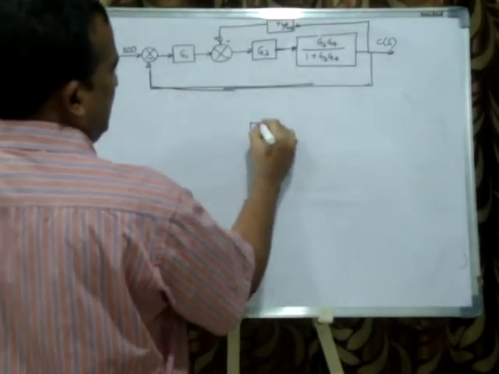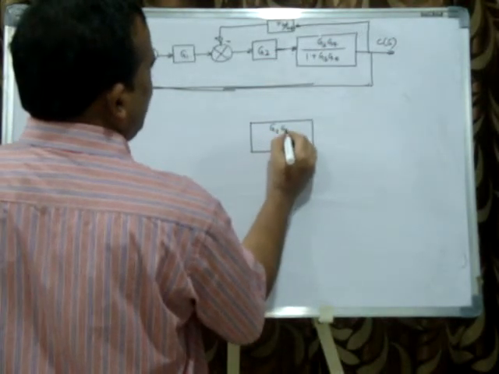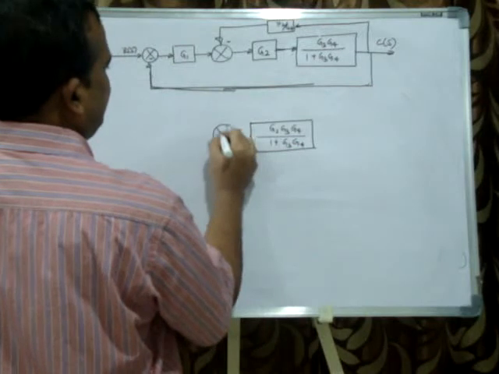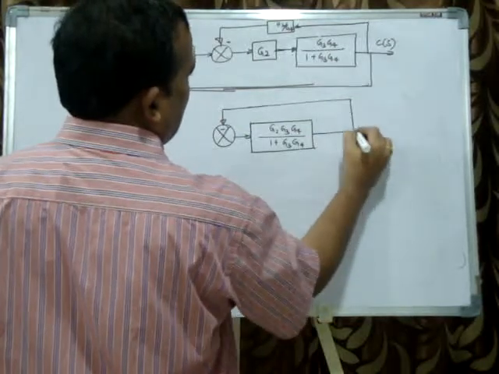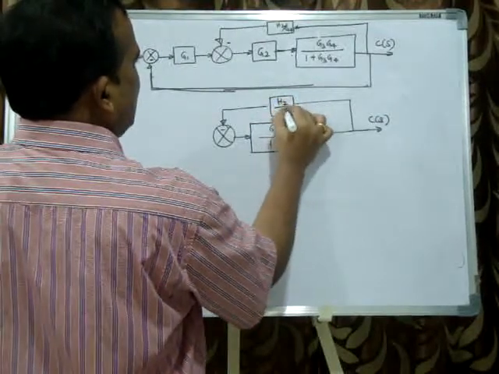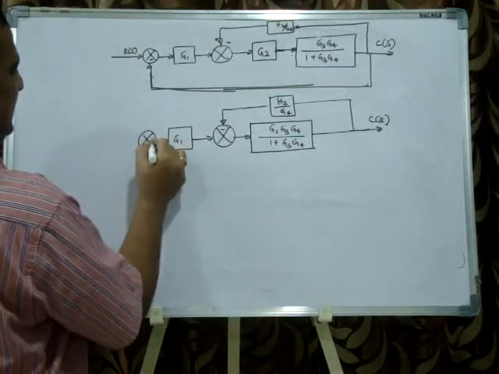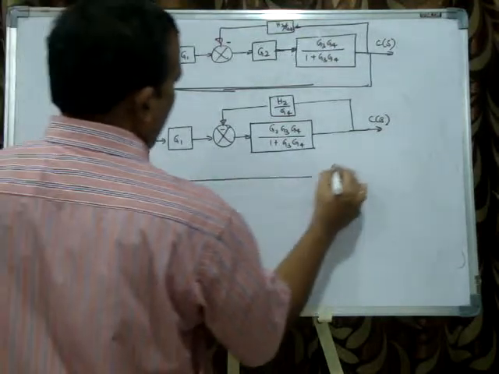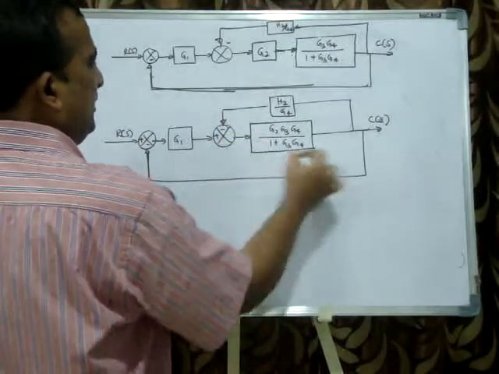So now G2, G3, G4 divided by 1 plus G3 G4, and here minus, here C(s), then here H2 by G4, and here G1, and here there is R(s), now minus, nothing is there, means 1. Now the above one is what? Minor feedback loop, above one.